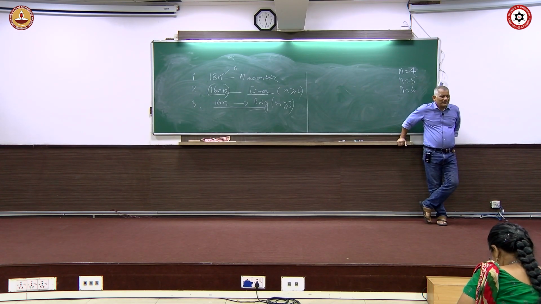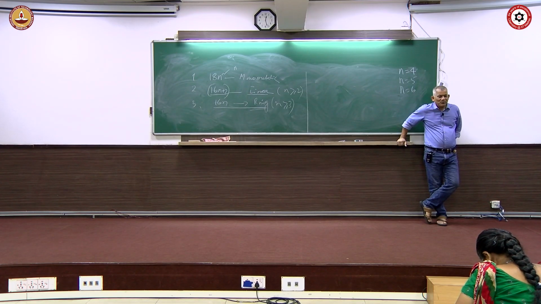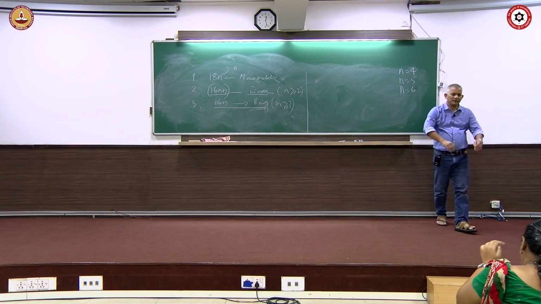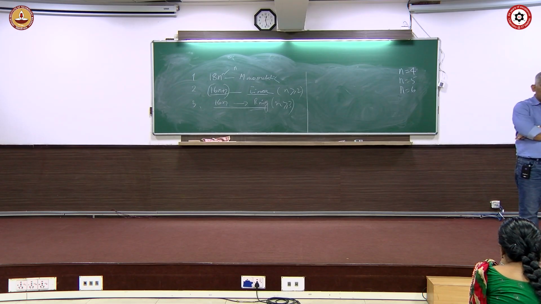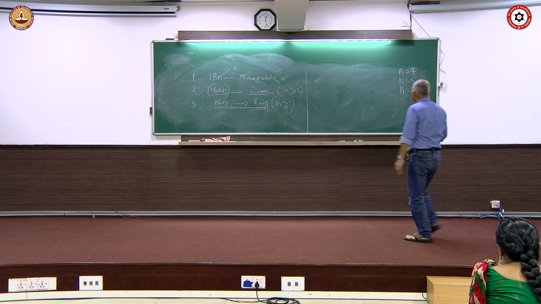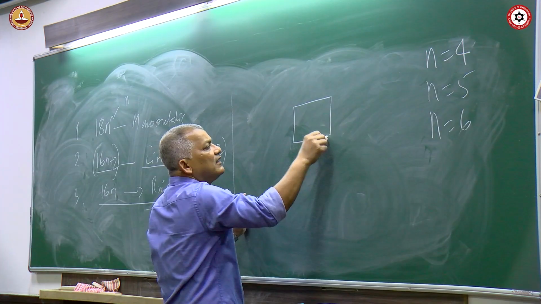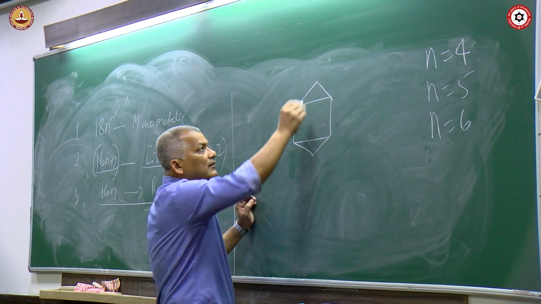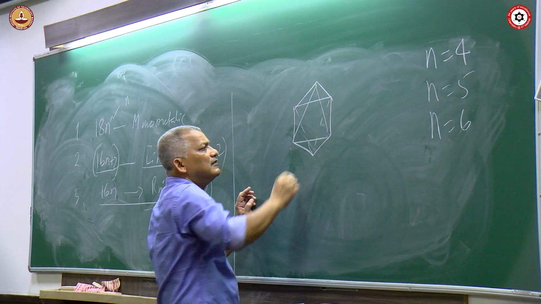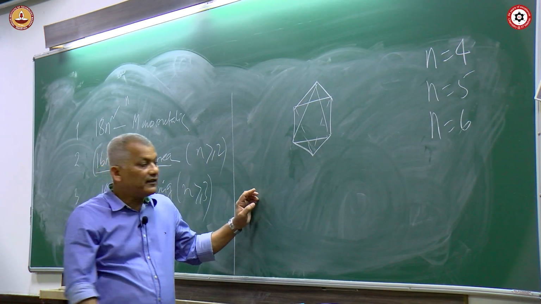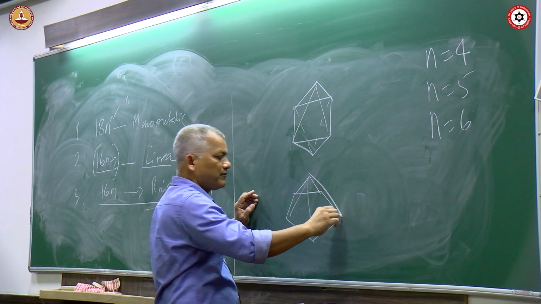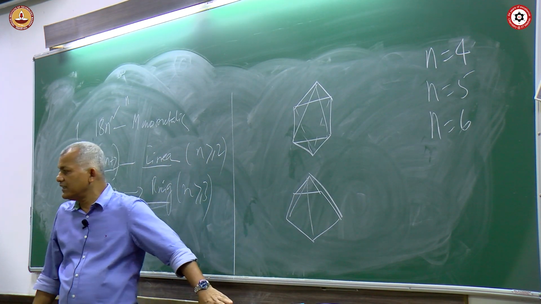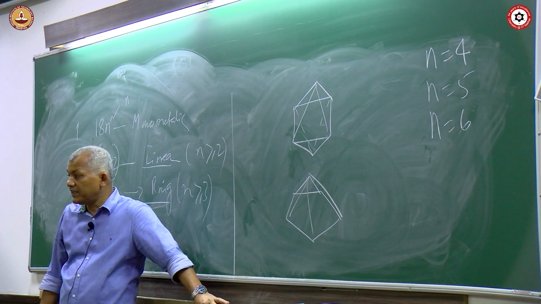Square bipyramid and octahedral, what is the difference? Any other geometry other than octahedral? Pentagonal? Pentagonal pyramid, great. So first you have your octahedral, then you have pentagonal pyramid. Any other geometry for n equal to 6?